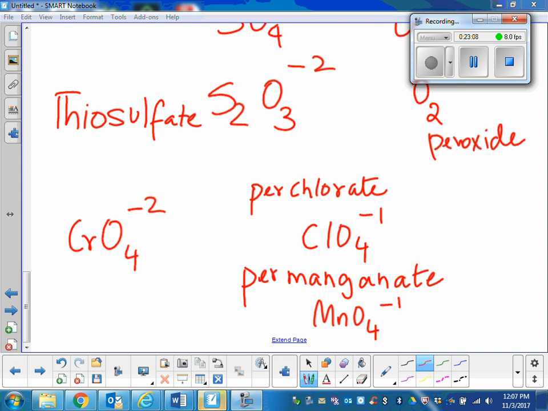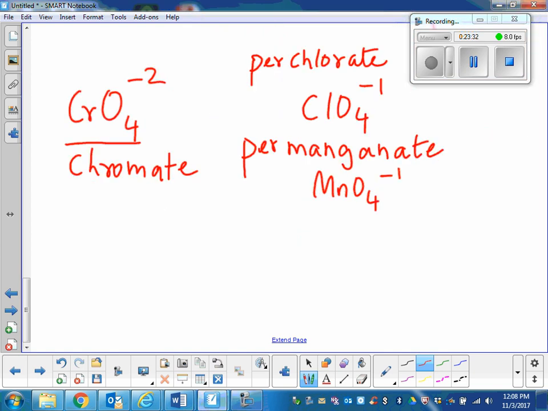It's a -2. Remember, those were non-metal. This is a metal. I won't go too much into depth right now. This is chromate. So you're doing two polyatomic ions with metals, the permanganate and the chromate. These are the only two with metals.